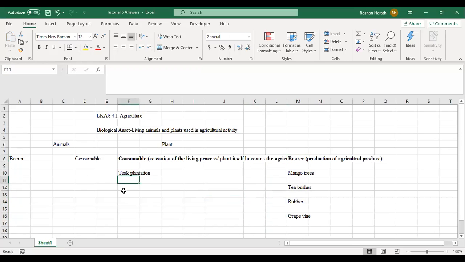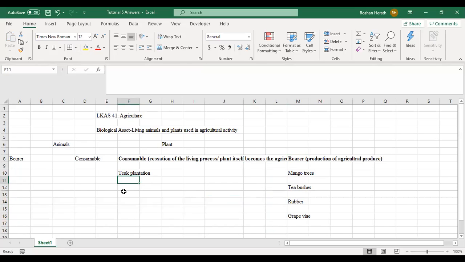Then if you can come up with some more, what else? We do the teak plantation, the mahogany plantation, everything goes the same. Other than that, what are the other plants that become consumable, that we basically cultivate for consumption once they become mature?